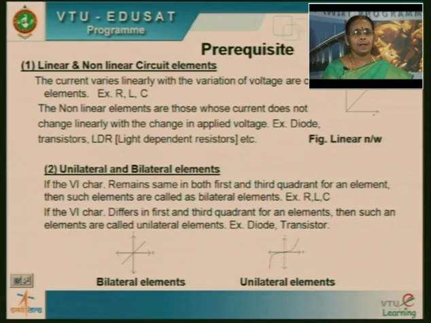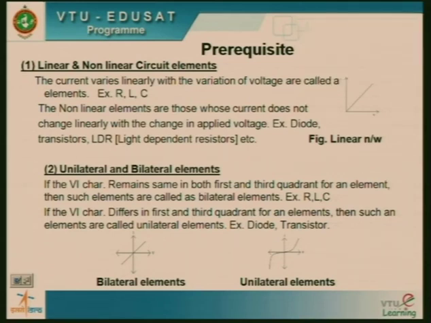We already have come across the elements such as resistor, inductor and the capacitor. If you just observe the relation between the voltage and current of all these elements, we will come to know that there exists a linear relationship between the voltage and current in case of all the three elements over here.